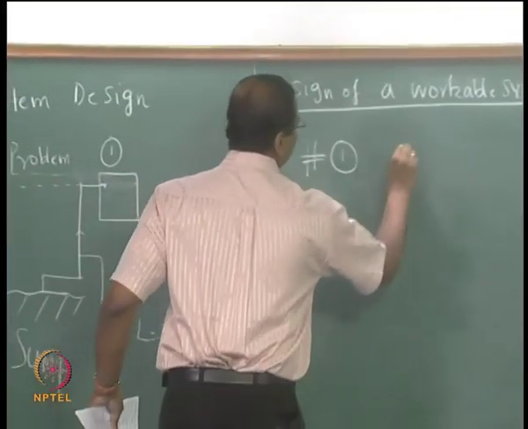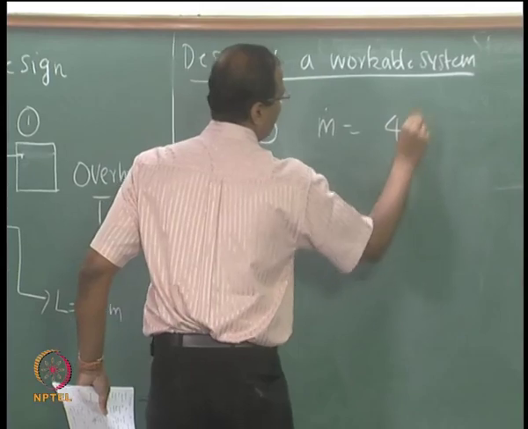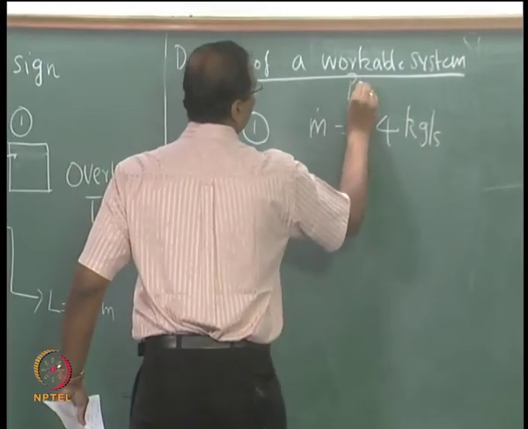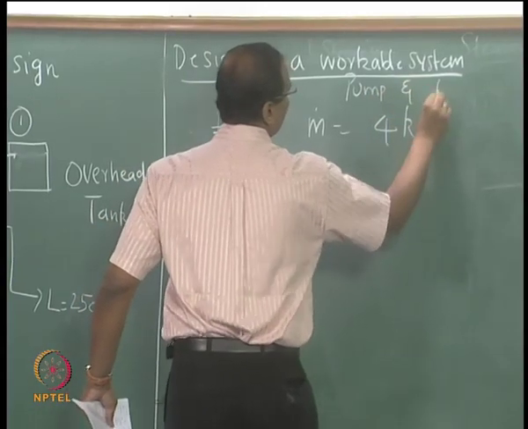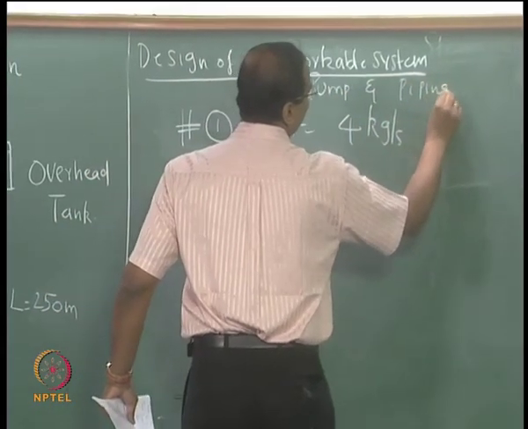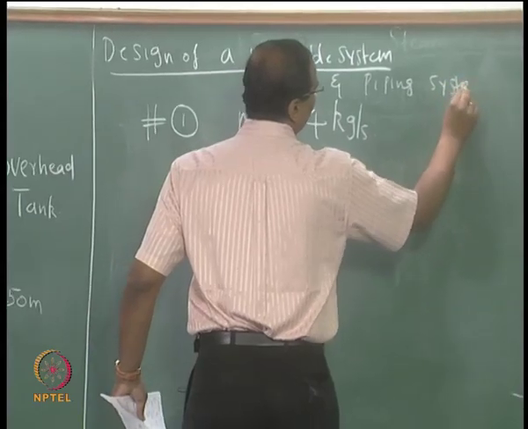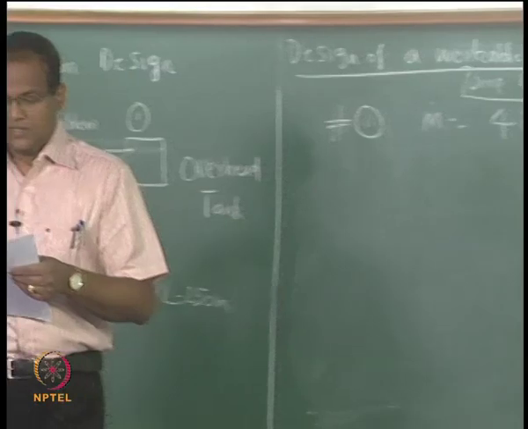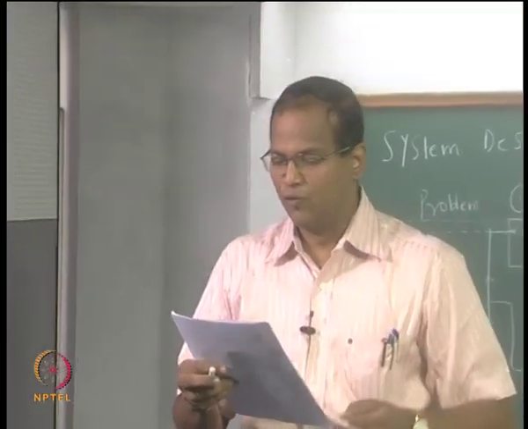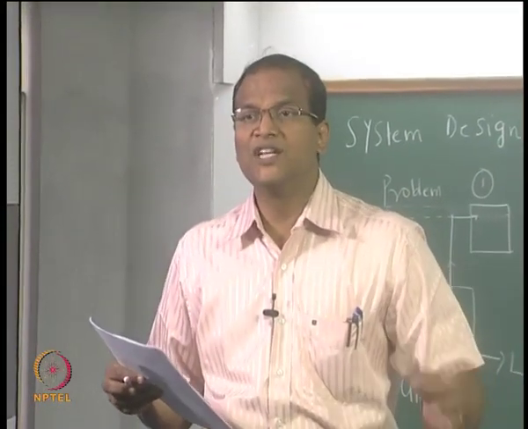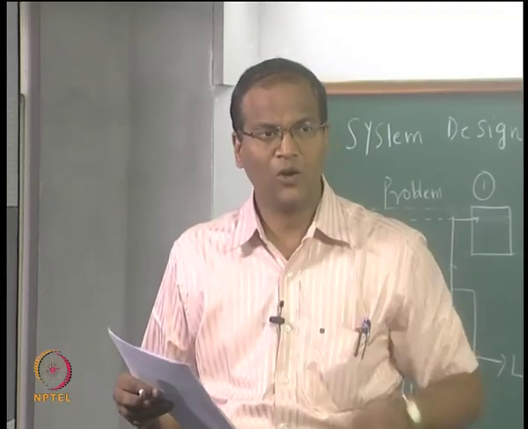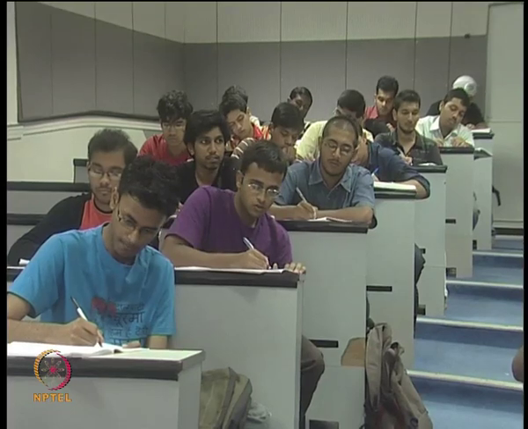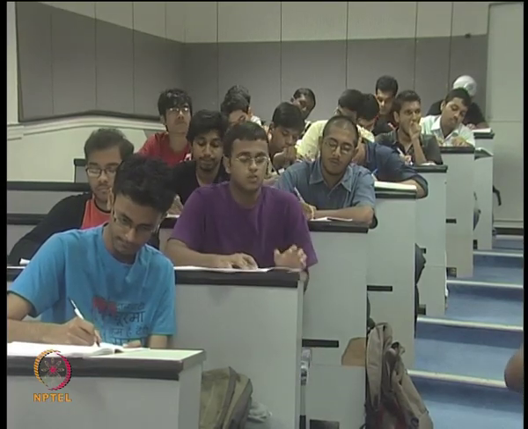The first data is: select the pump and piping for a system to convey 4 kgs of water from one location to another, 250 meters away.